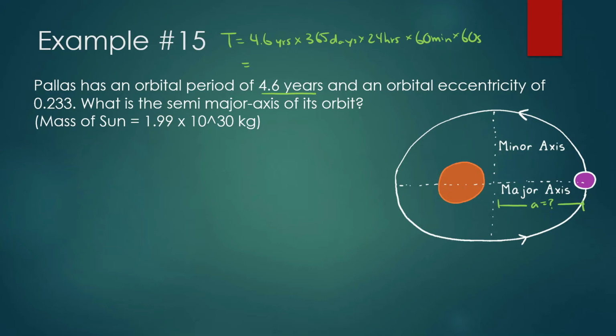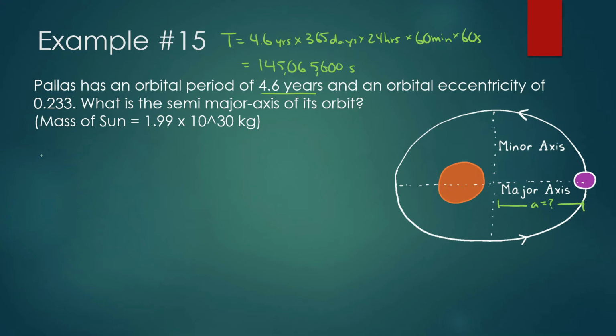Give me a second while I do that. 4.6 times 365 times 24 times 60 times 60. And we get a big number that I'll need to write down first. 145,065,600 seconds. Okay.